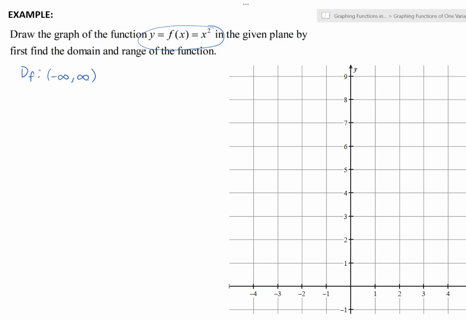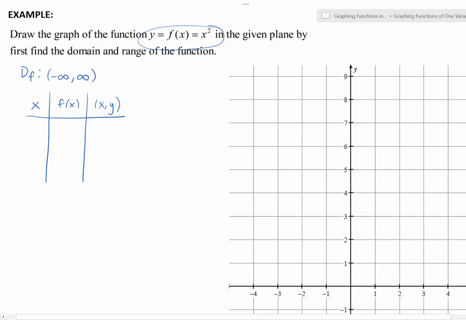So what we're going to do is make a little table: x, f of x, and the resulting ordered pair. We'll do several of these, plot some points on the Cartesian plane to the right, and then we'll see a pattern, hopefully. And we'll say, look, we see the pattern, we can plot all of them, and then we'll connect the dots and draw a beautiful graph.